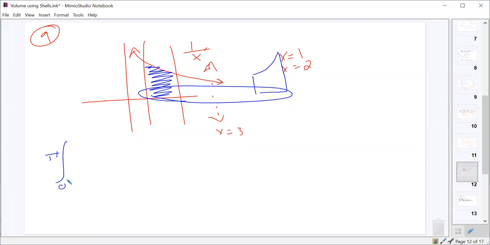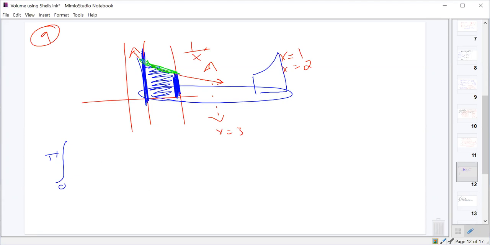The upper part is always going to be the same function, 1 over x. But the outer radius, which is always from this line right here, is not the same as the inner radius. The inner radius is sometimes this inner line, and sometimes the function itself. Does that make sense to everybody?